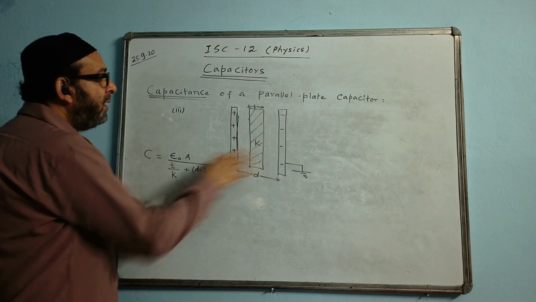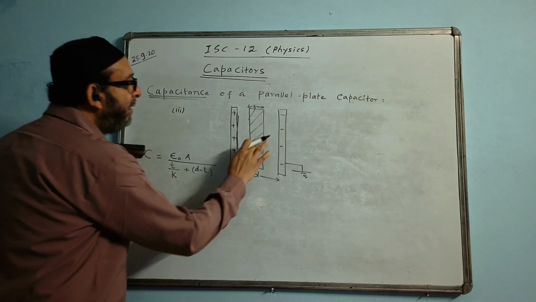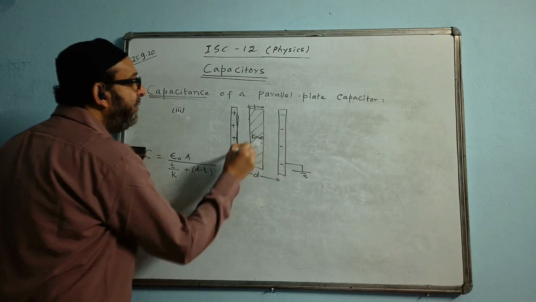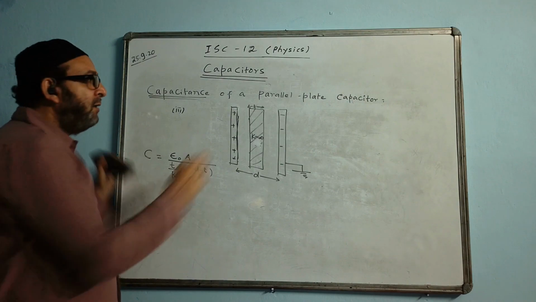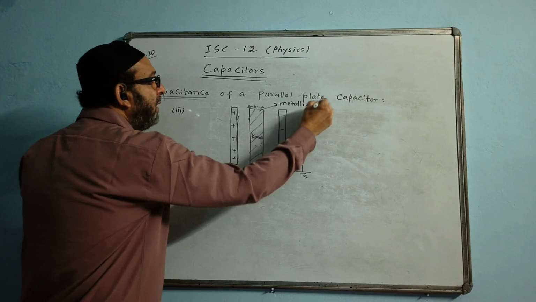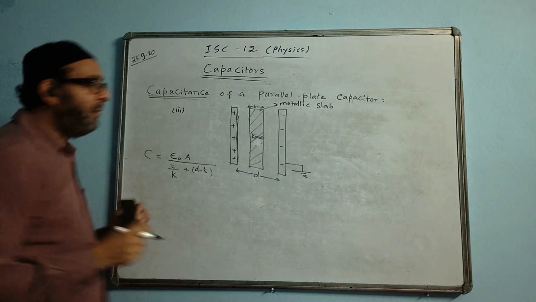The diagram will be the same, but this is metal. You can write K here, and the K value for a metal is infinity. You can just mention that. This one is a metallic slab. The diagram will remain the same.